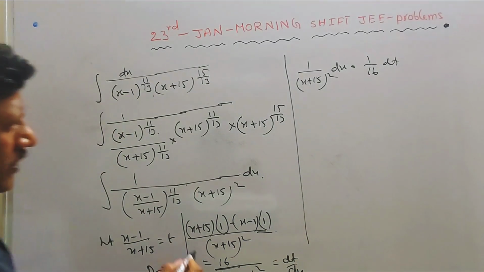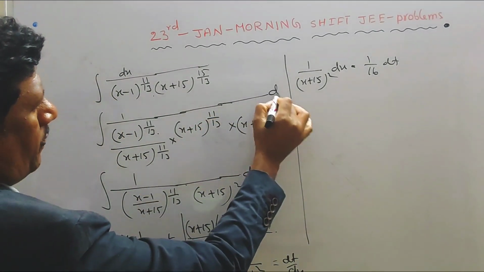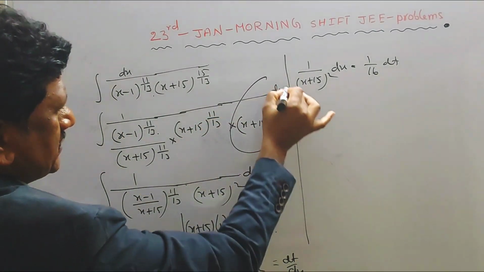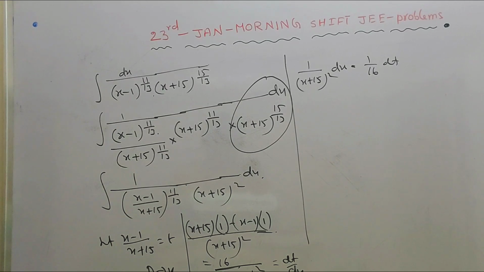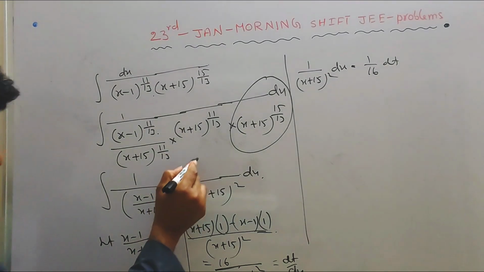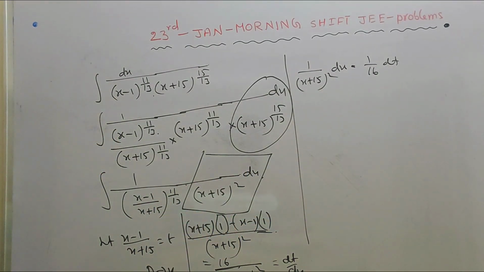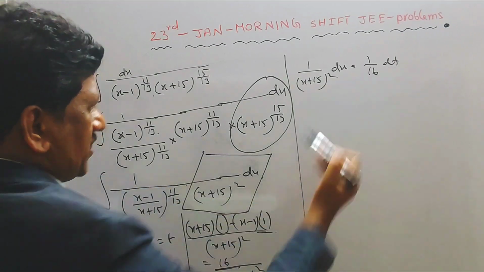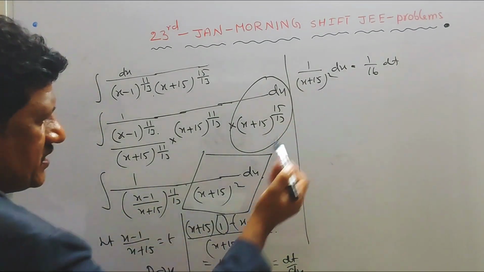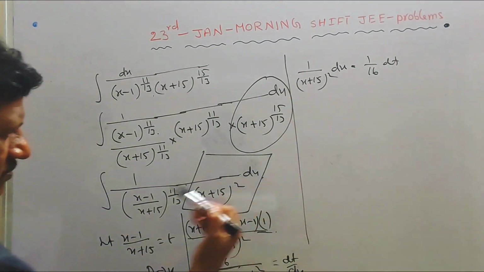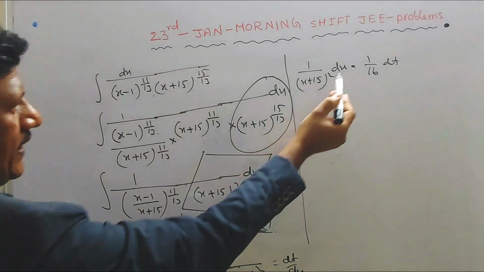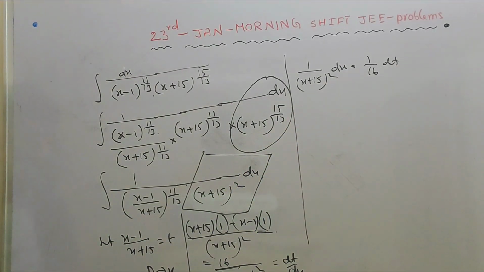Okay, right? So in the place of this, we can write 1 by 16 dt, because both the steps are similar. That's why in the place of this we can write 1 by 16 dt.